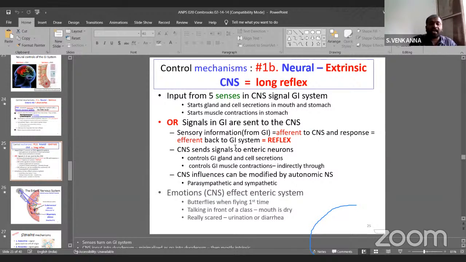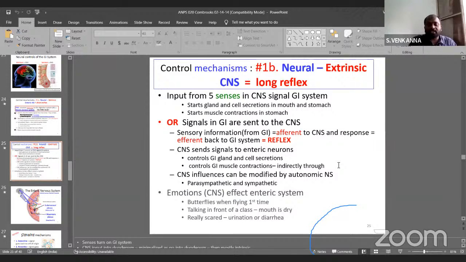It is called the reflex. So this is a complete response to the CNS. CNS means central nervous system. The CNS sends signals to enteric neurons that control gastrointestinal glands and cell secretion, then control gastrointestinal muscle contraction indirectly.